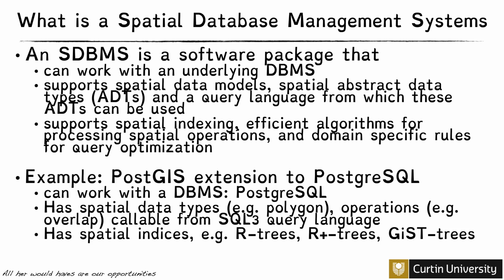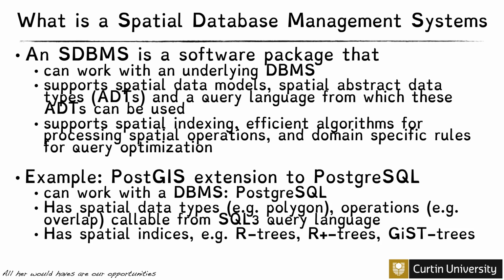So an example is PostGIS, which is an extension to the PostgreSQL database. And obviously PostGIS works with PostgreSQL. Now, it has spatial data types, polygons, and there are operations. We're looking at things such as operations that are callable from SQL3, which are things like overlap.